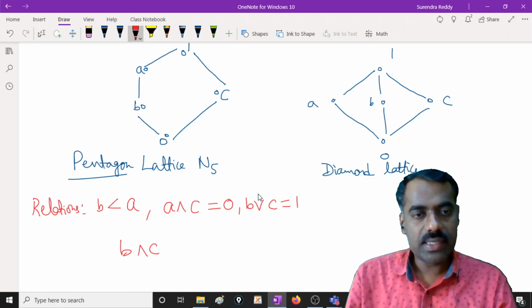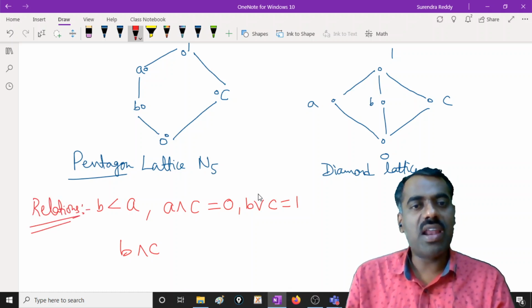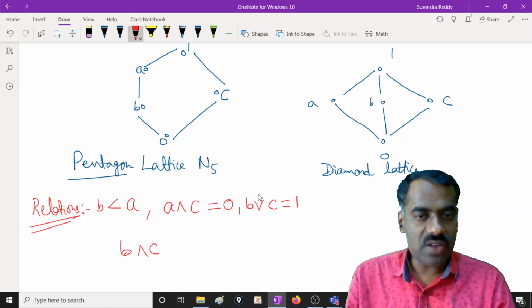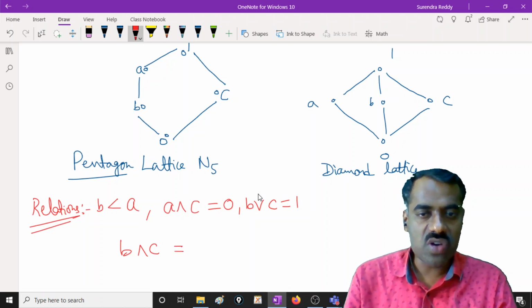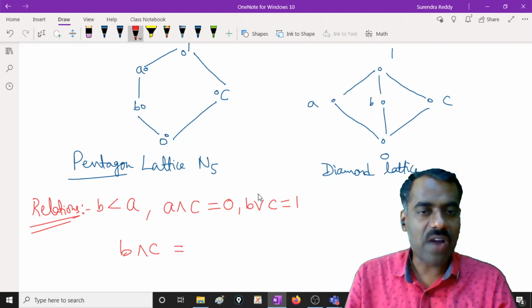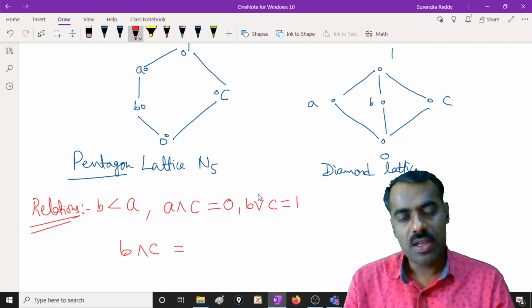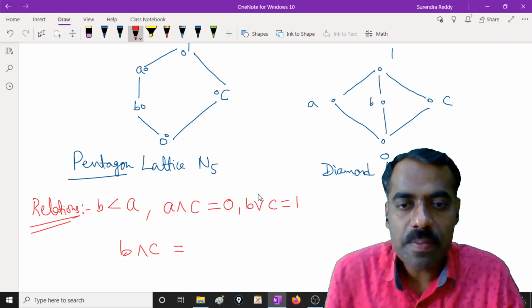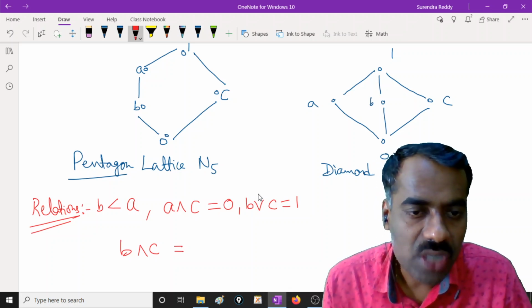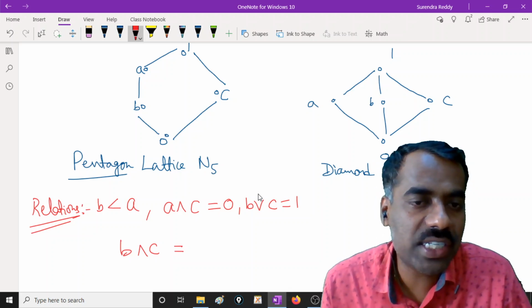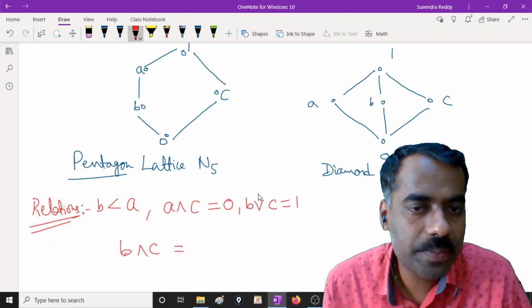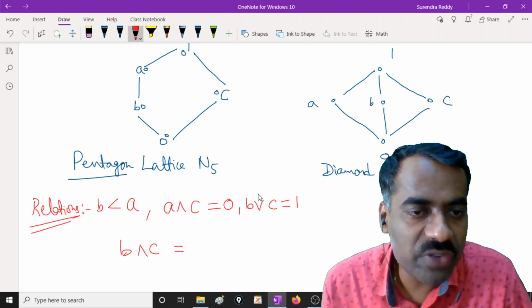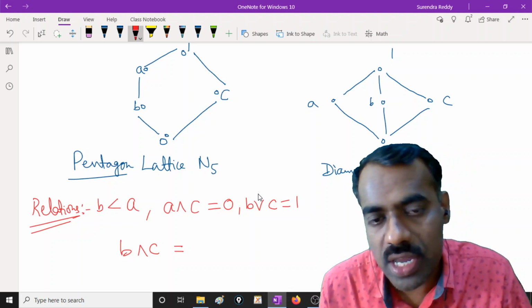These relations identify all the remaining relations. From this picture we know that b meets c is 0, but how will we prove that? By using b is less than a, a meets c is 0, and b joins c is 1. So how we can calculate b meets c is the question, using only these three relations.